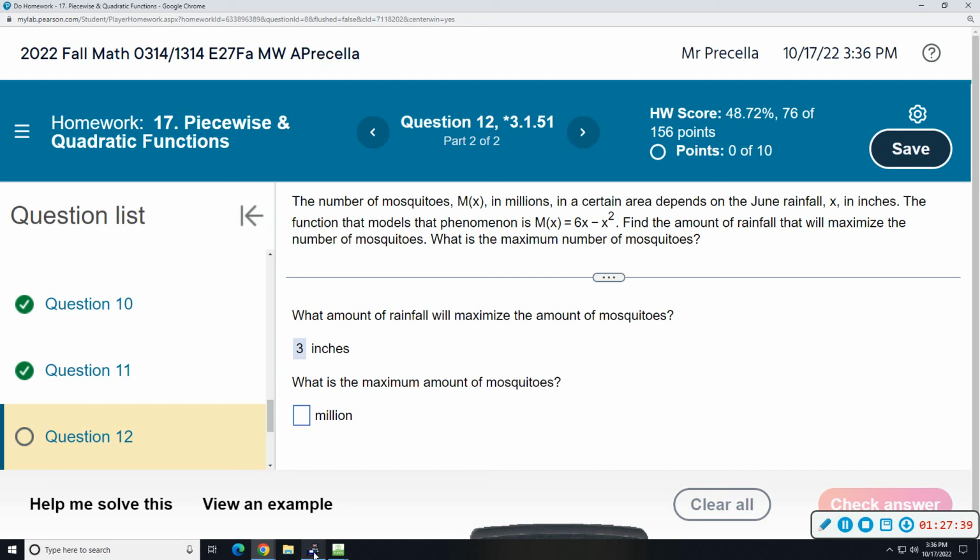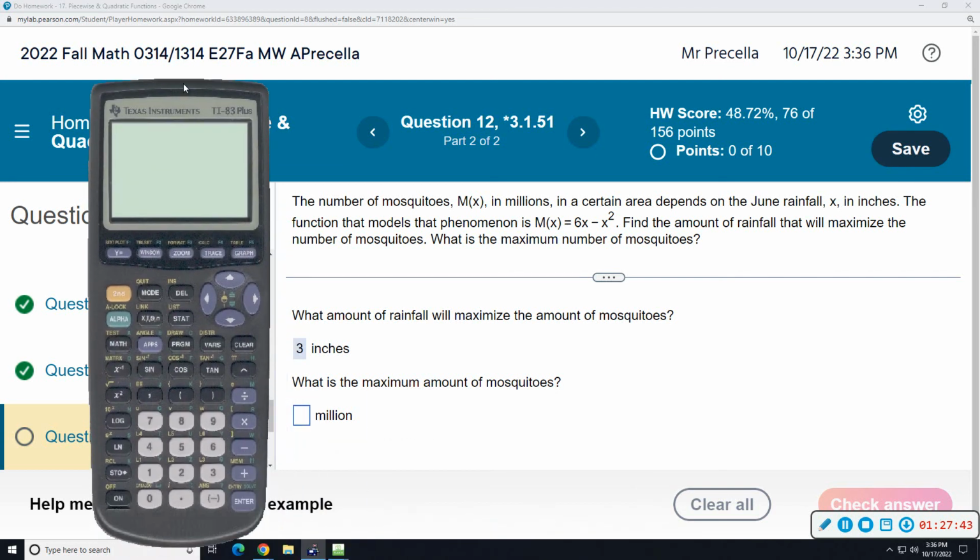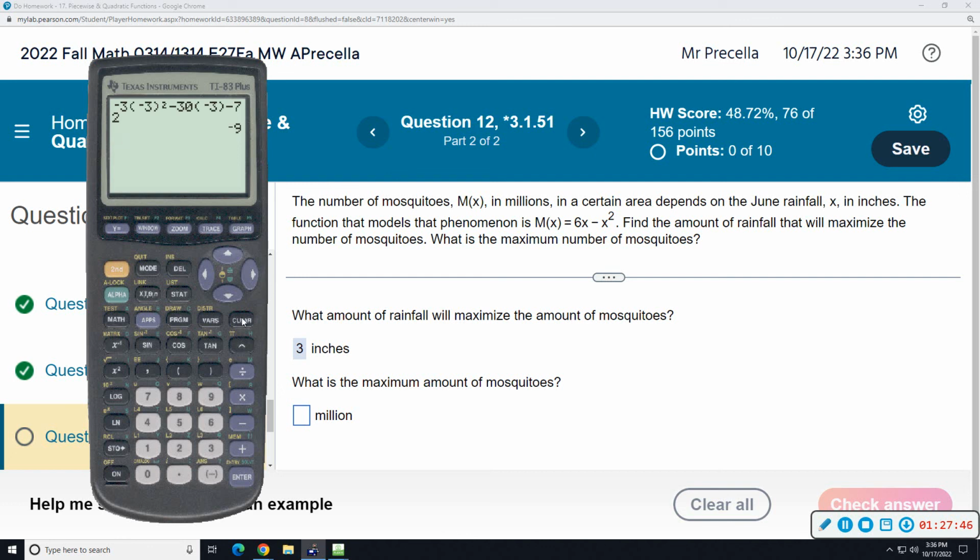Plug it in. And where's my calculator? I'm going to pull this calculator up, and I'm just going to use it as it's written right here.